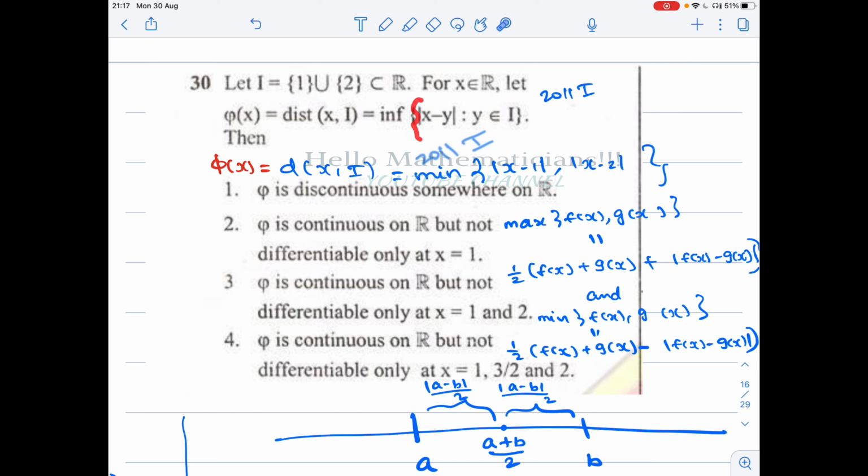So this set contains only modulus of x minus 1, that is the distance between x and 1, and the modulus of x minus 2. You want to find the infimum of this set, but this is a finite set. For a finite set, calculating the infimum is the same as the minimum. So we get pi of x, which is equal to the distance between x and I, that is equal to the minimum of mod x minus 1 and mod x minus 2. So this is one definition of the given function.